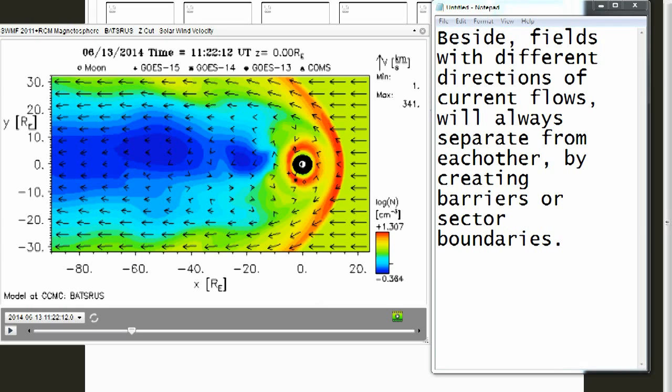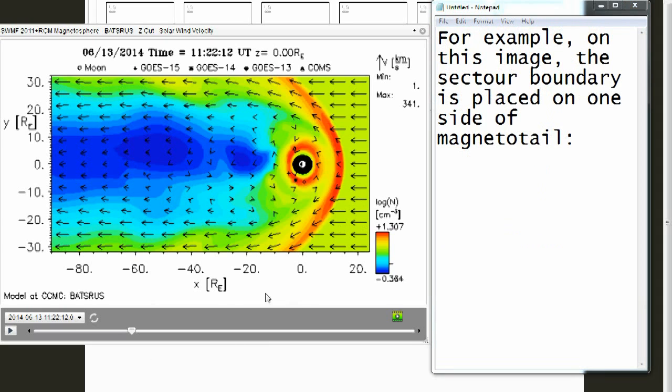Besides, fields with different directions of current flows will always separate from each other by creating barriers or sector boundaries. For example, on this image, the sector boundary is placed on the side of magnetotail.